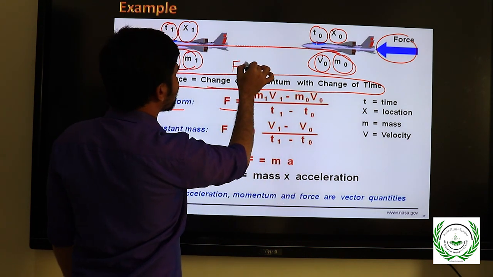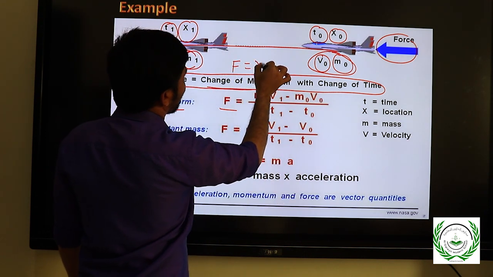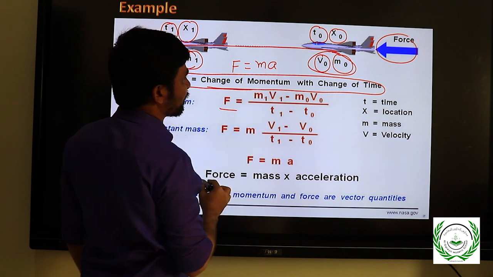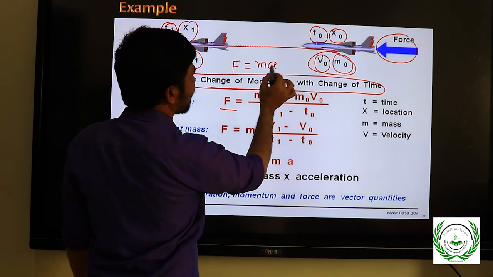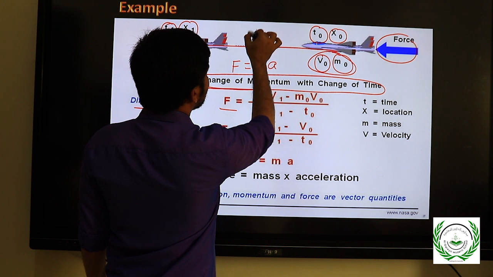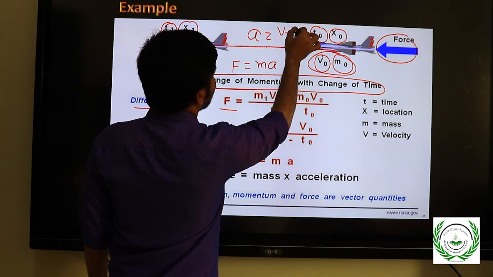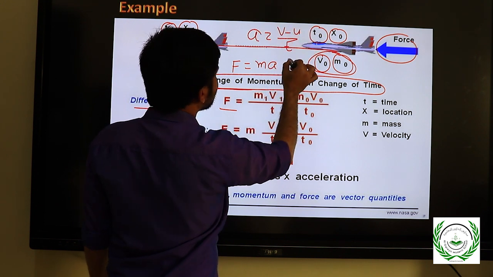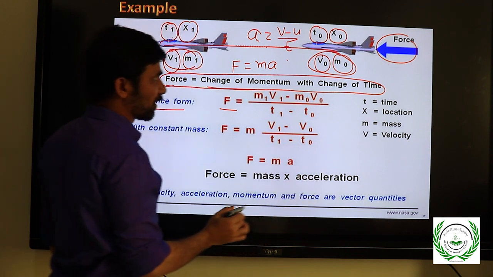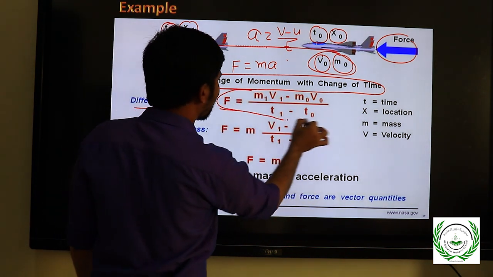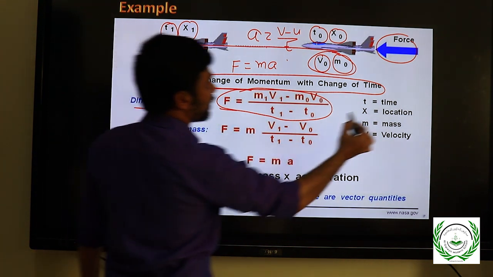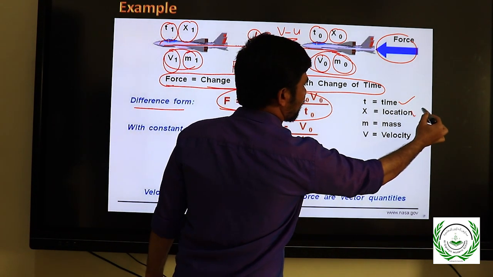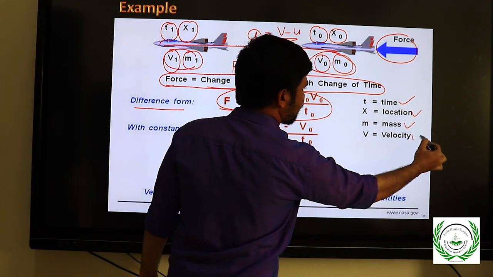Because force is mass times acceleration, and acceleration is v minus u by t, the change in velocity. That's why we have taken this format. t tells about the time, x the location, m the mass, v the velocity.